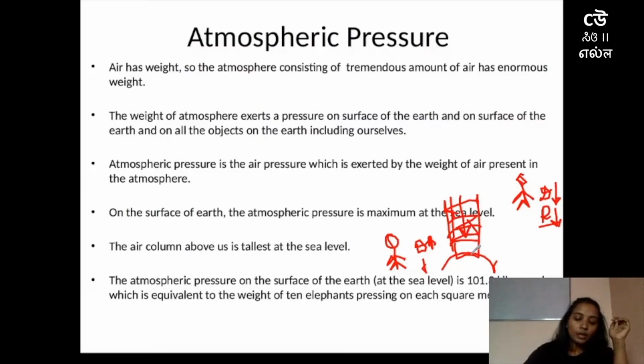And what are the other examples of atmospheric pressure which we observe in our day-to-day life? You might have observed syrup bottles connected to a filler like this. Whenever I want to fill this filler with syrup or any liquid inside this bottle, I'll press this filler.